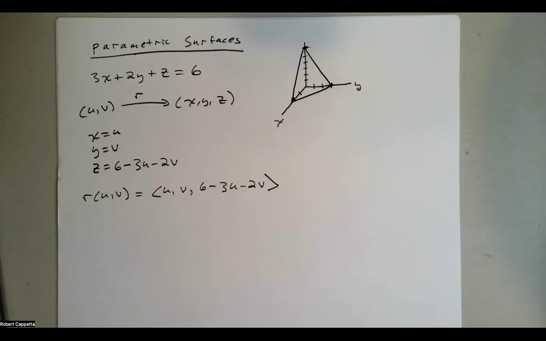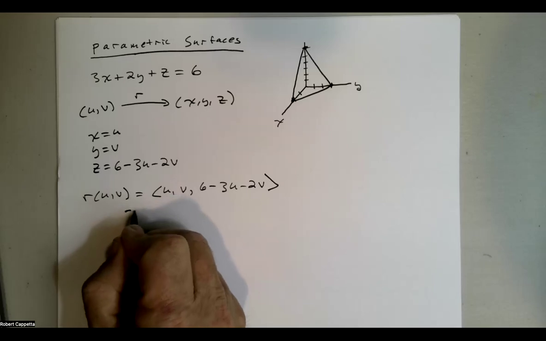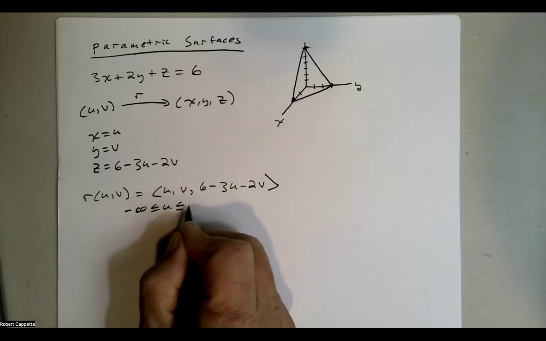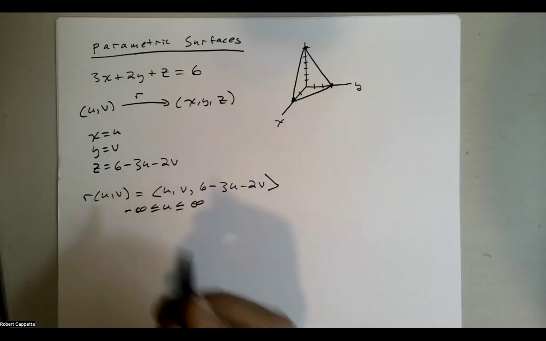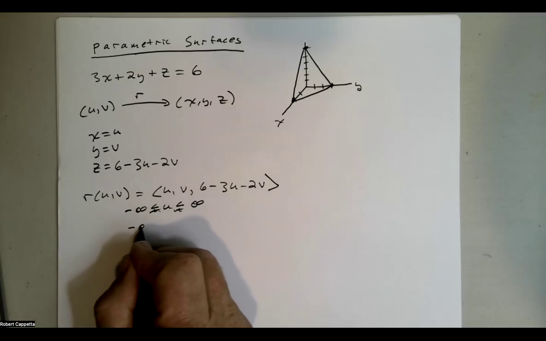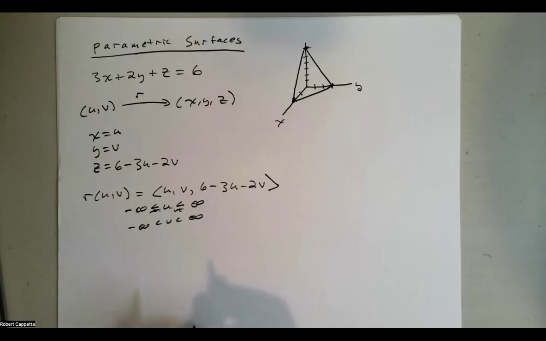So let's take a look at the graph to see what it looks like. Our domain for U will be negative infinity less than U less than positive infinity. Similarly, V will be from negative infinity to infinity. So basically, U and V could be anything.